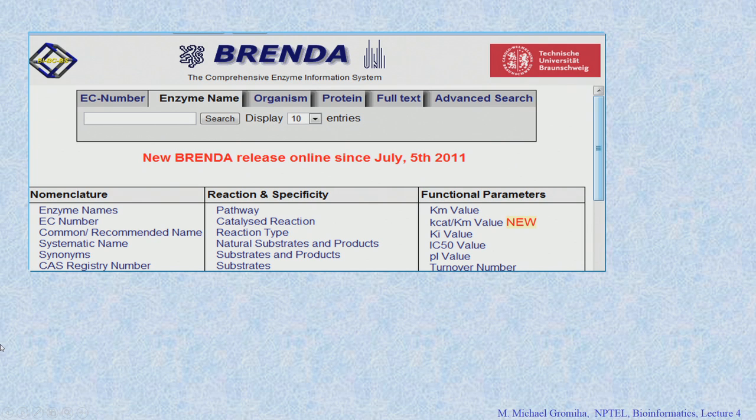Then there is a database called BRENDA, because enzymes are a wide variety of proteins with different functions, right. In order to give importance to these enzymes, they developed a database called BRENDA. BRENDA is the comprehensive enzyme information system, developed in Germany, right.